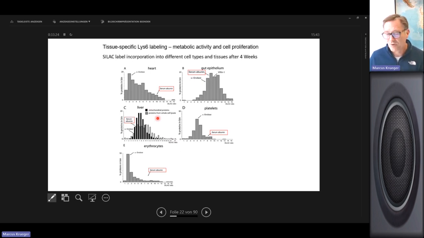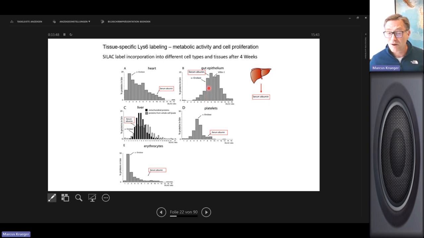Since serum albumin comes from the liver, it makes sense that this is a kind of contamination in those tissues which also contain blood. So this is always originating from serum albumin. Now if you compare the half-life of alpha enolase in heart and gut epithelium, you get completely different incorporation rates.